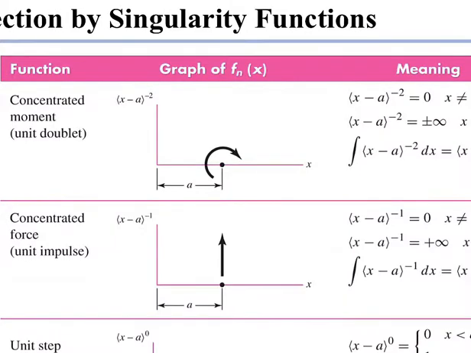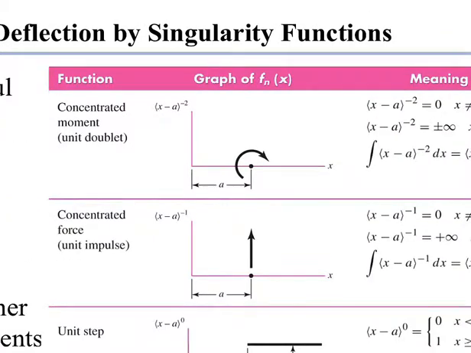The first one is actually a function that is composed of a concentrated moment, and the concentrated moment means that we have at A exactly a force that goes up, and separated from it at a small distance is a force that goes down.